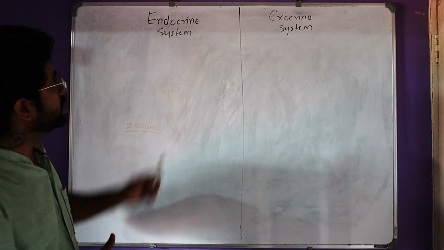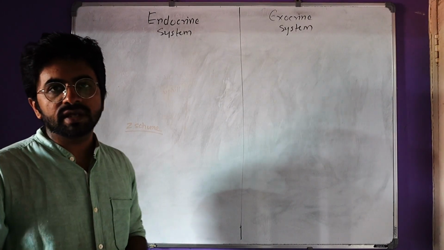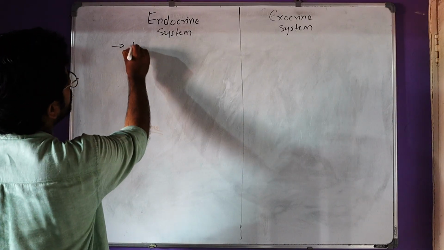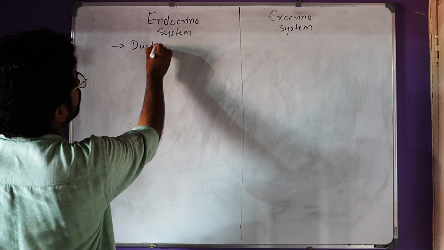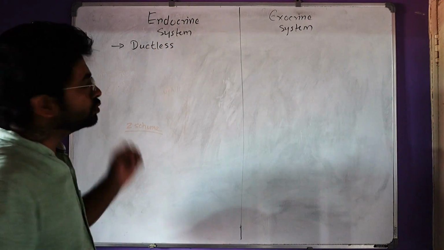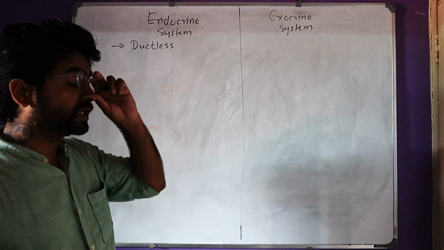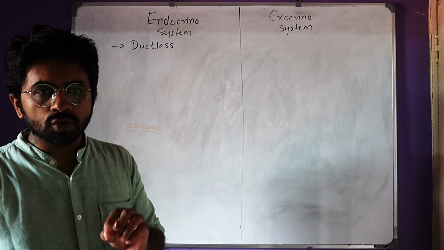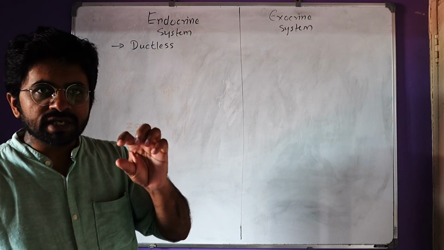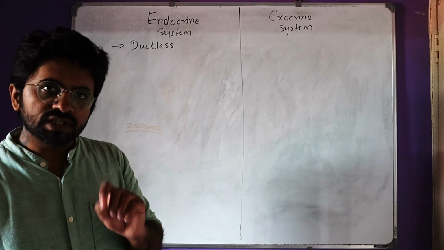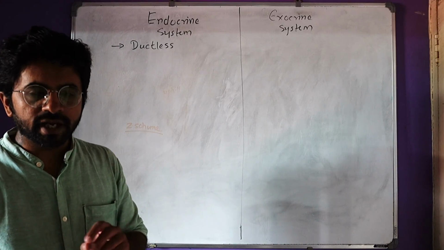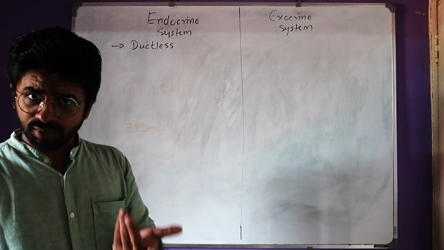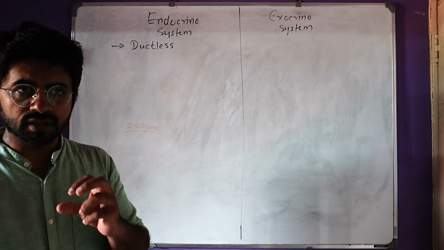So endocrine system is considered as ductless system. Before going to the function of ductless system, we will try to understand what is a duct. Any channel or tube like structure which has opening is a duct, and which is used for secretion of something. Maybe proteins of any kind, like hormones.